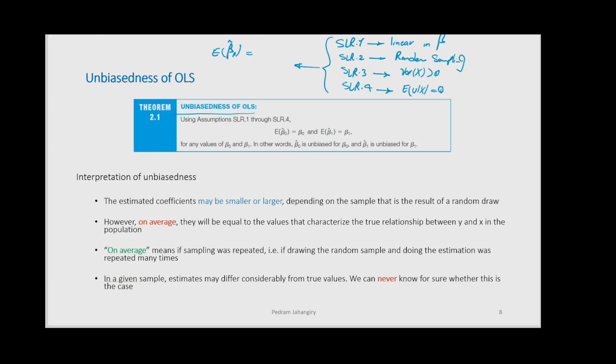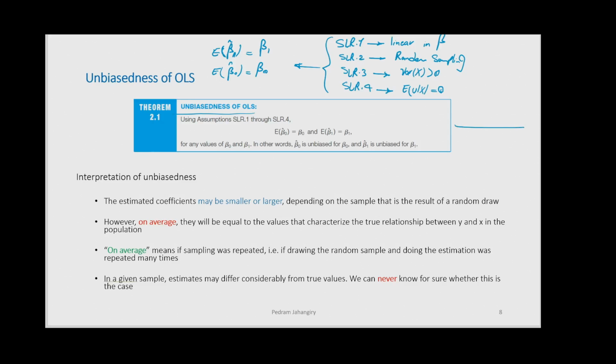I can claim that if you guarantee that these 4 assumptions hold, or if you simply assume that these assumptions hold, you can say on average the expected value of beta hat 1 is going to be equal to beta 1. And the expected value of beta hat 0 is going to be equal to beta 0. What does this mean? It means that on average, your estimator, OLS, is hitting right at the target.